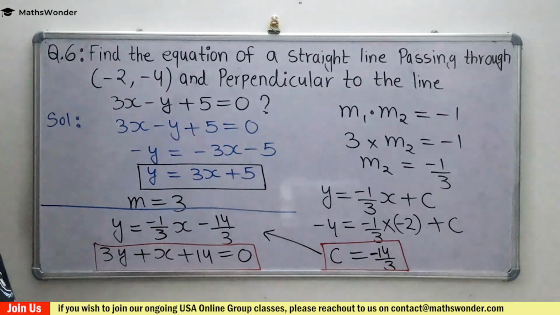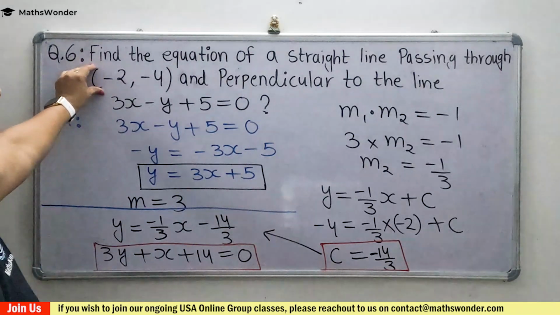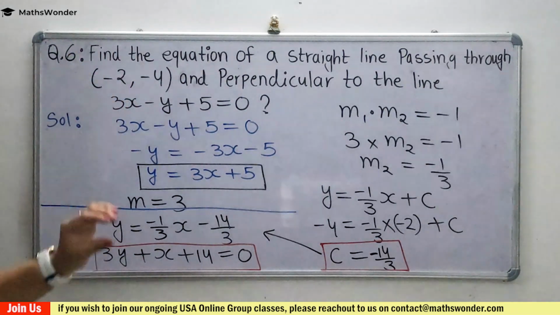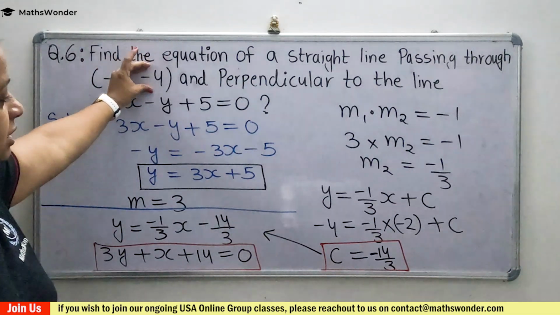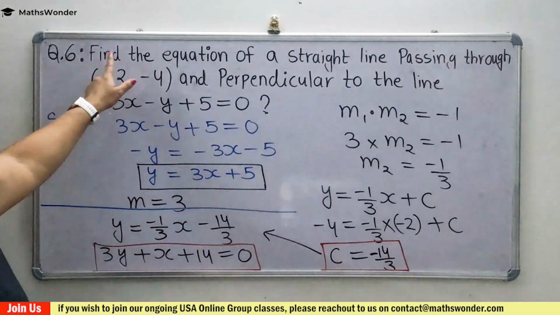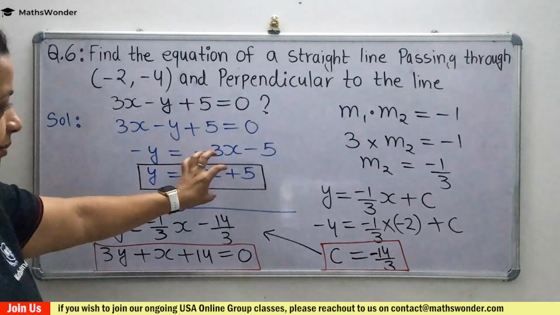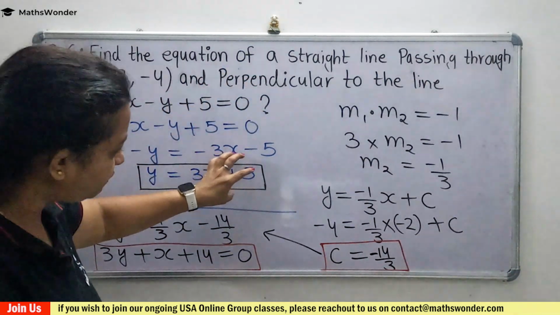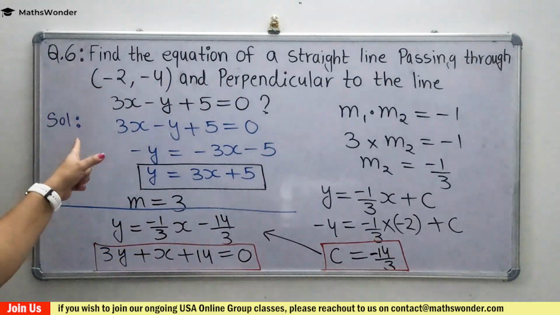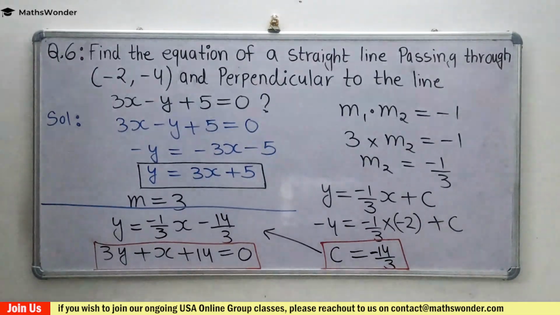But in this question, one equation is given and the other equation is not given, only coordinates are given. So you have to convert these coordinates into the equation, because we must find the equation of a straight line. With the help of the first equation and the coordinates, you will easily find the second equation.